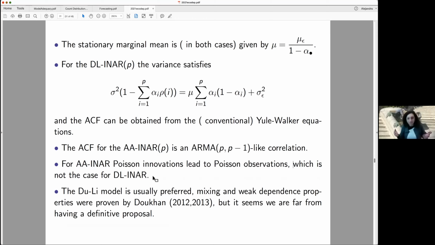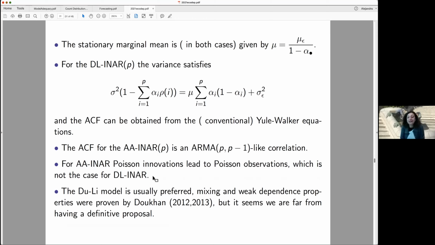Anyhow, people normally use the Du and Li model in INAR processes, and mixing and weak dependence properties were proven by Pedro and associates, so any questions on the subject can go directly to him.